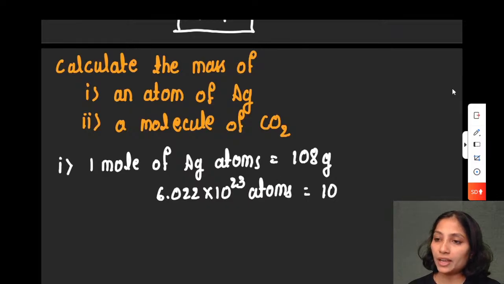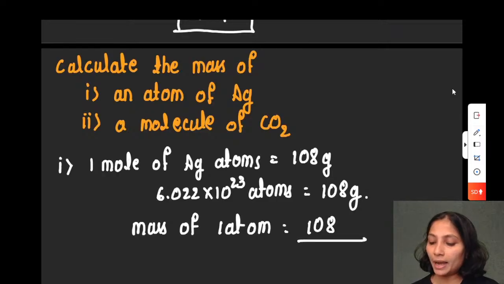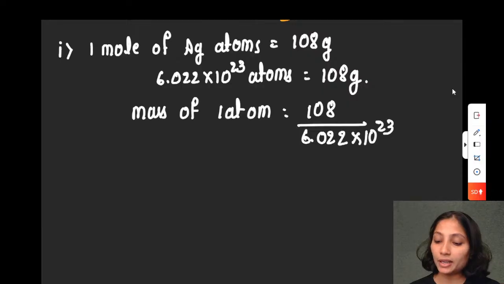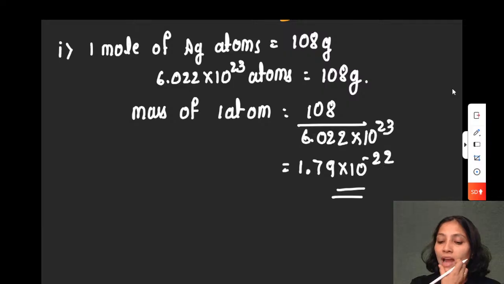These many atoms weigh 108 gram. So therefore, what is the mass of one atom? Mass of one atom is equal to 108 divided by 6.022 × 10^23. So this is nothing but, how much do you get? 1.79 × 10^-22. So this is the mass of one atom of silver.